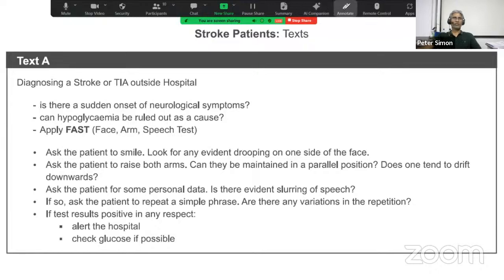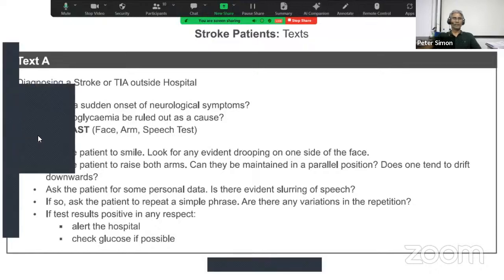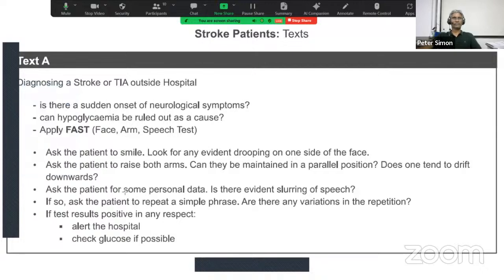It's okay, no problem. Now I'm going to take you there. So diagnosing a stroke or TIA outside hospital is the first stage. For example, when a person suddenly falls down, what do you have to do? The immediate first responders will see what happened.